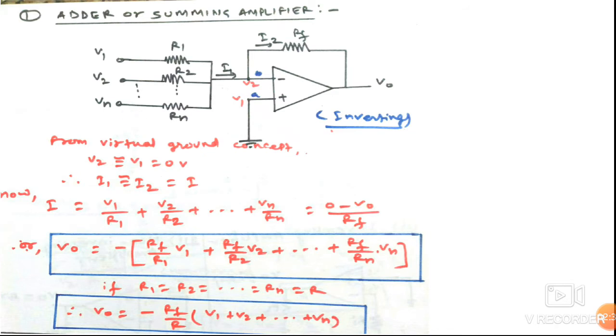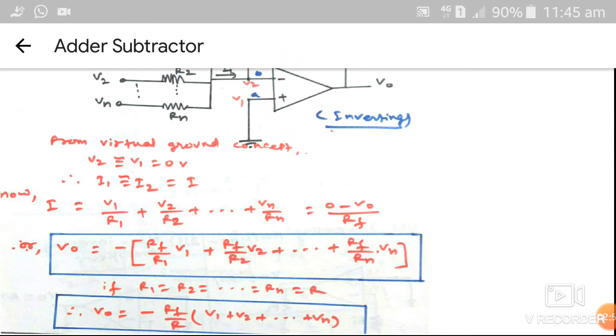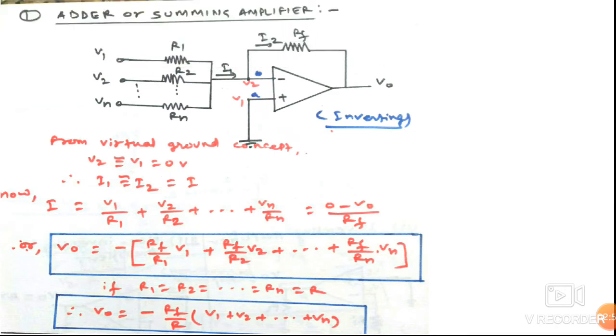The total current is equal to the output current I2, that is I. It can be written as (0 minus V0) upon Rf. Now solving this expression, V0 is equal to minus of Rf upon R1 into V1 plus Rf upon R2 into V2 plus so on plus Rf upon Rn into Vn.